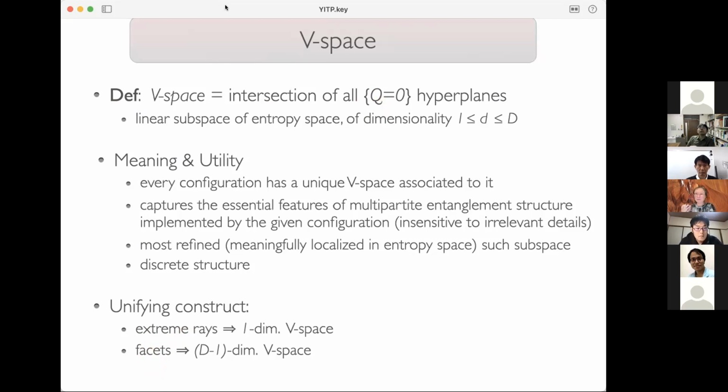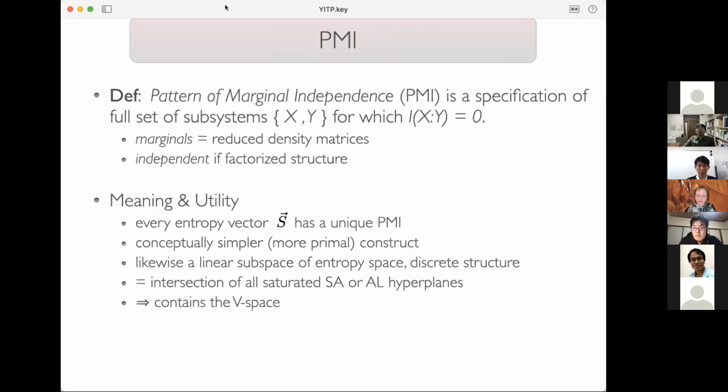Now, there's a much more primitive construct, which is a subset of these that we have already seen, in particular just the mutual informations. That quantity is what I'm calling the pattern of marginal independence, PMI, and it's a specification of which mutual informations vanish.